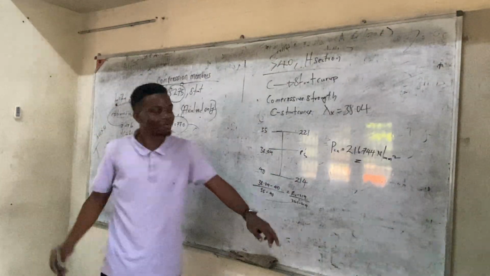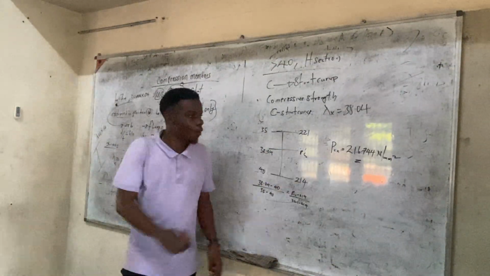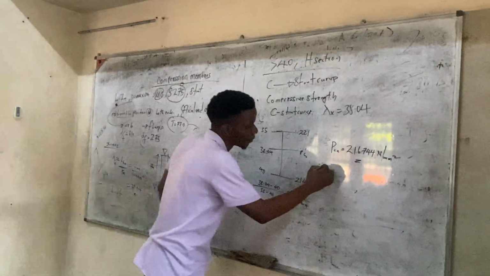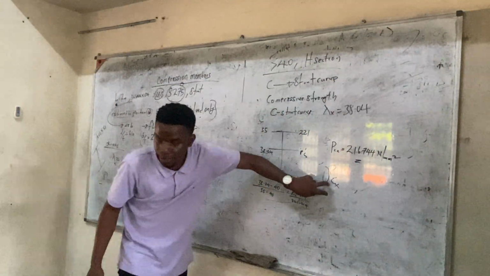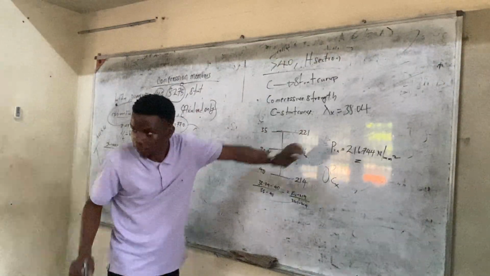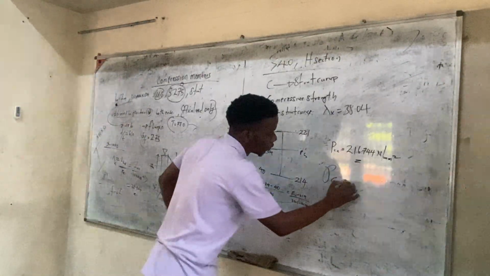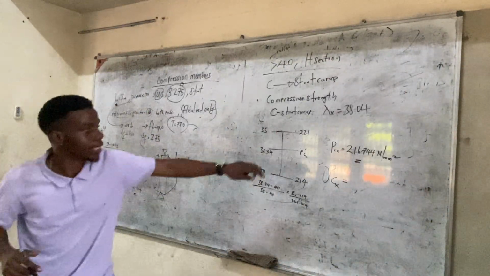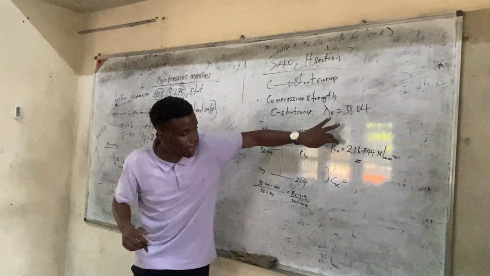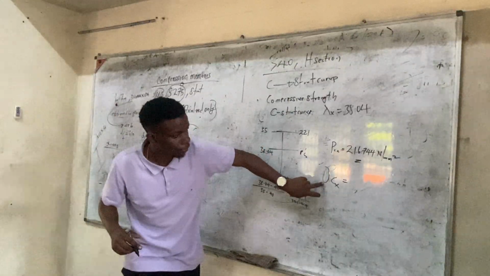Now that we know our compressive strength, we need to know our compressive resistance. So, big P, small p. This is our compressive strength. These are our compressive resistance. Do you get?